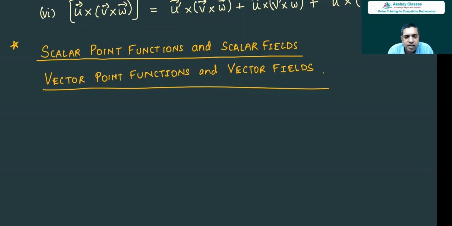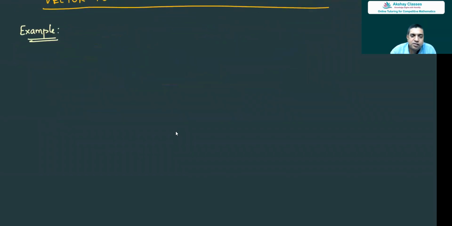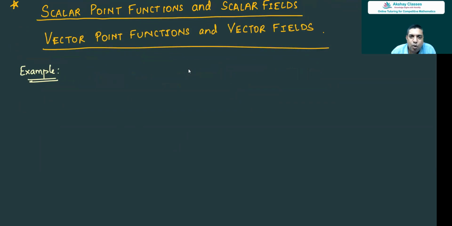Now, just to give an example of a scalar point function, let us take a room. A room is a three-dimensional space.